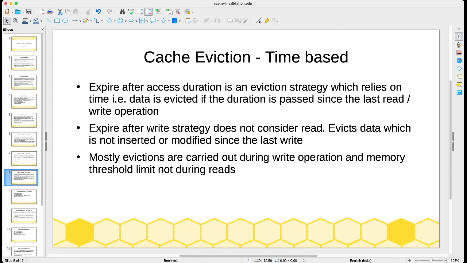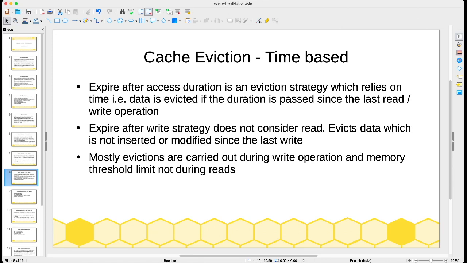Whenever we insert a value and we provide a TTL, say 10 seconds, 1 minute or 2 minutes, if the item gets accessed within the 2 minutes, the TTL gets refreshed to another 120 seconds. So the TTL doesn't alone play a role there. Items that are accessed frequently will survive for the next cycle as well, and those items which are not accessed during that 120 seconds will get evicted.